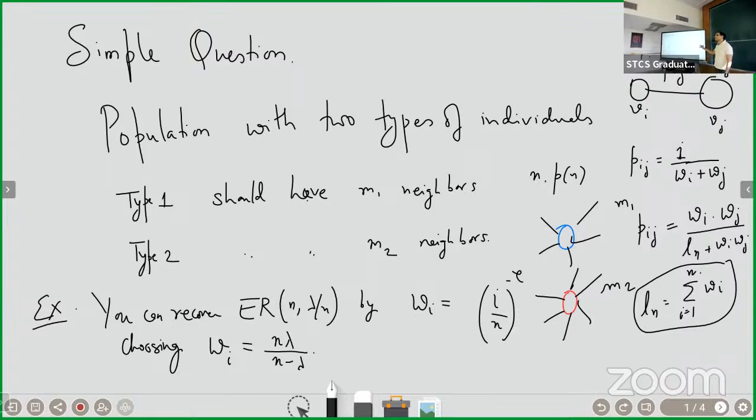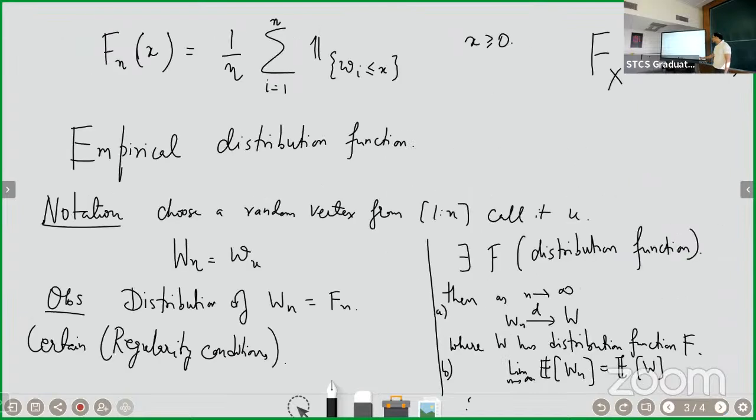But the beauty of this is that you can actually do complicated stuff using the regularity condition. That if you have this condition, then you can go backwards. That you are given an f, here is a way to generate weights so that the degree distribution will appropriately converge as n goes large. It's a very nice way of constructing random variables. So have you ever seen this? If I wanted to construct a random variable, I only give you a uniform random variable.